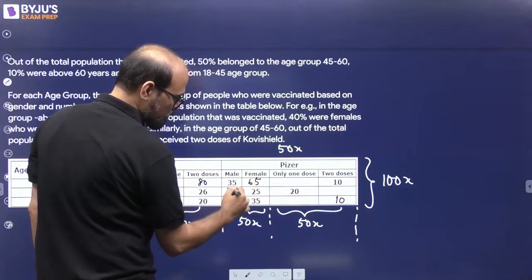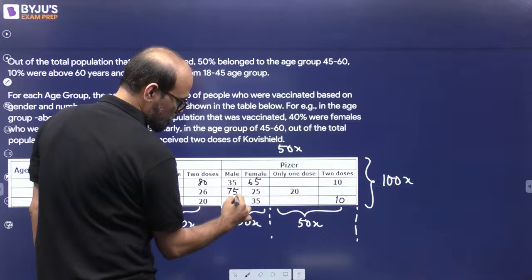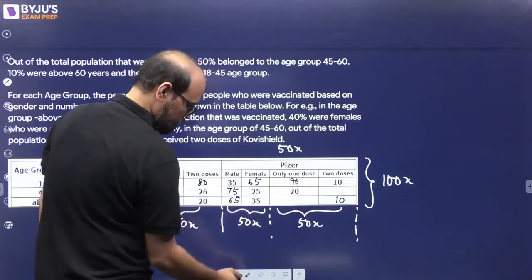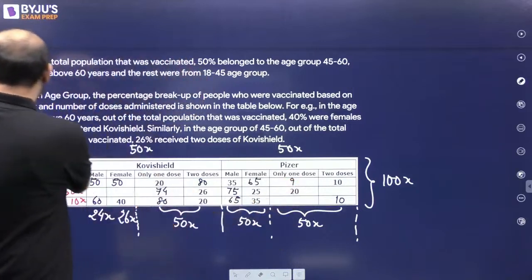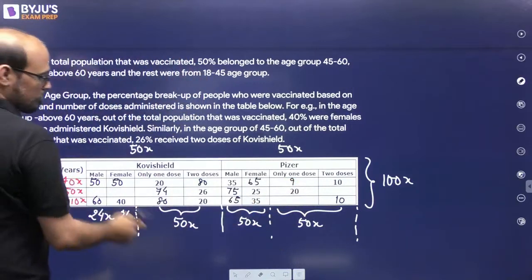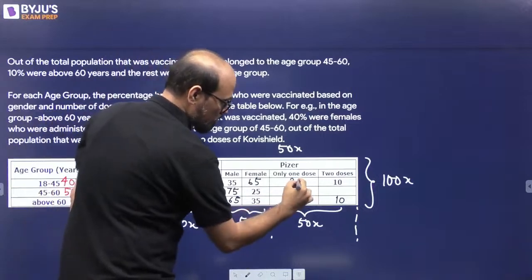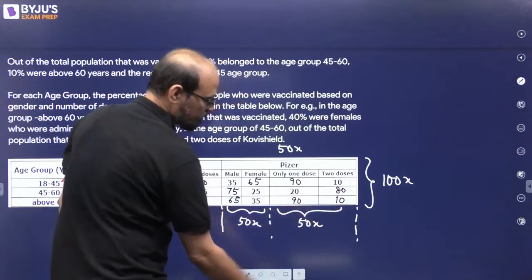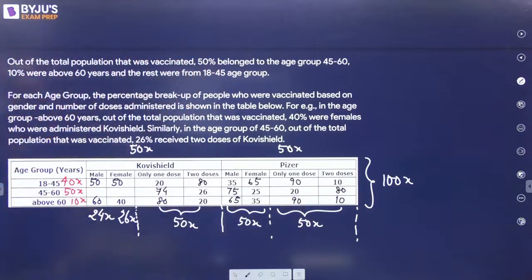This is 25, this will be 75, 35, 65. This is 10, so this should be 90. This is 20, this should be 80. If this is 10, this should be 90. So these are the percentages of those many people.